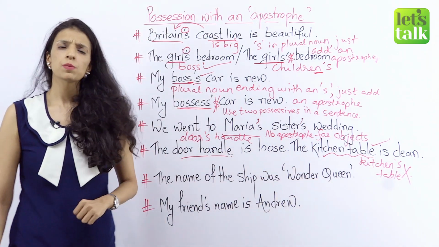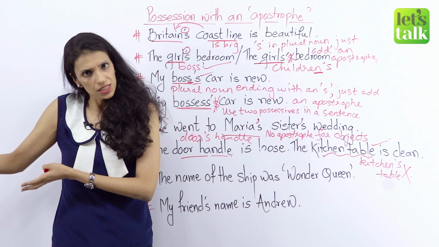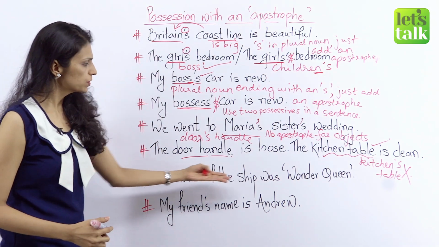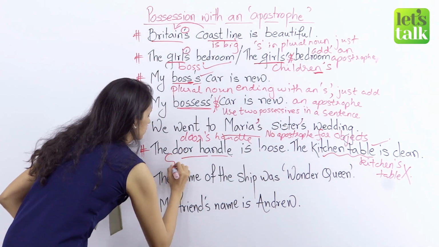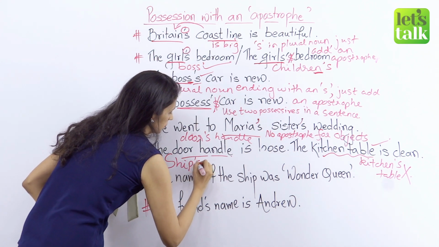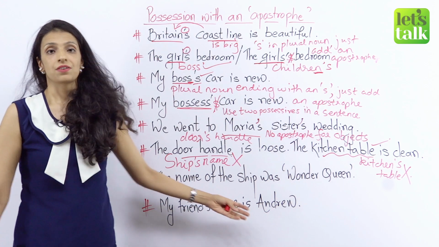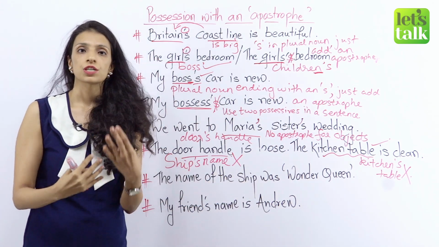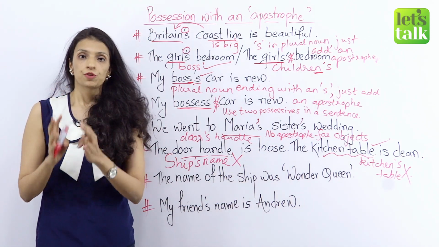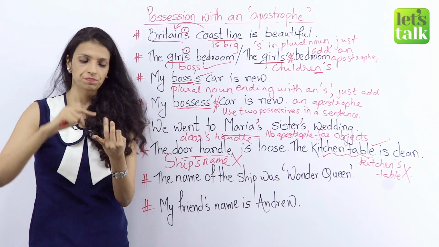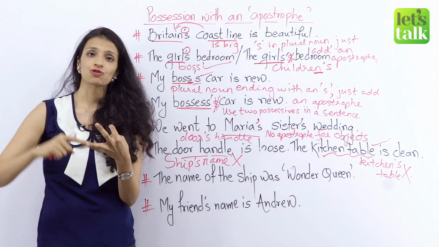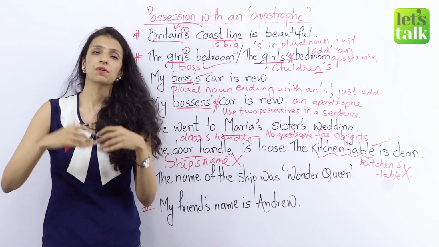Now you must be wondering, we always say my friend's name is, but why can't I say the ship's name was? Incorrect, because you do not show possession for objects if they are not a person, a company or an organization, a country or an animal.